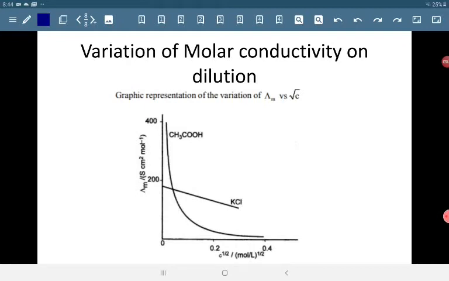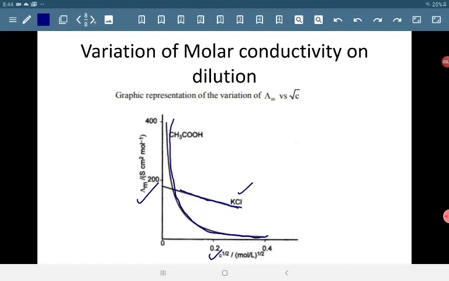In this graph, molar conductivity is plotted against concentration. It is shown that as the concentration decreases, molar conductivity increases. This is for strong electrolyte and this is for weak electrolyte. This way it goes on increasing on decreasing concentration.